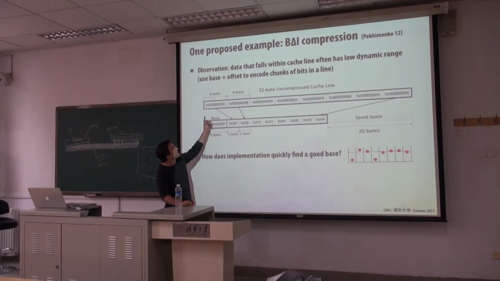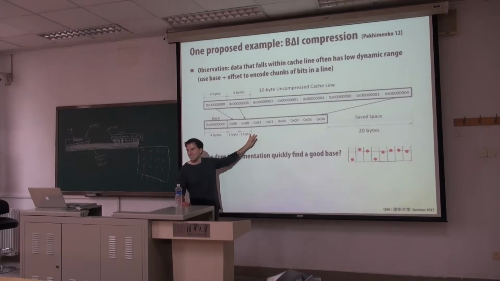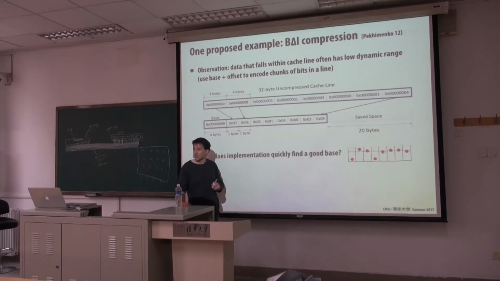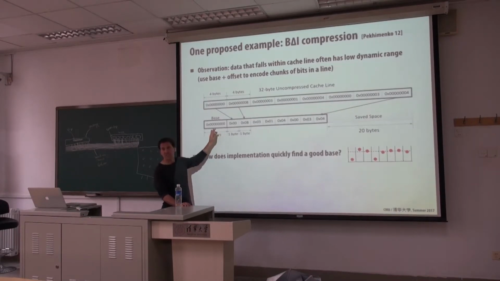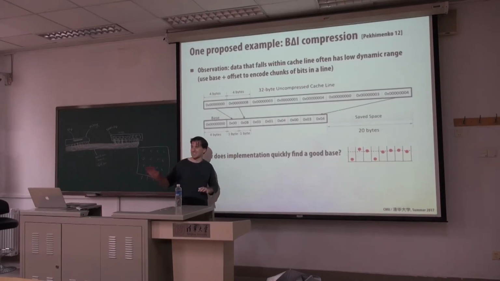So I can encode, let's say, a whole cache line, 16 4-byte numbers, as 1 4-byte number, followed by 15 more bytes. I can compress 64 bytes, 16 floats, 16 integers, as 1 integer plus 15 bytes. So I can go from 64 bytes down to 19.